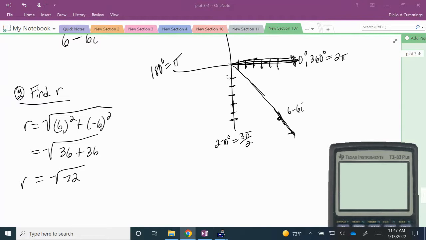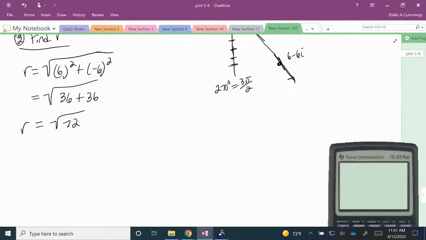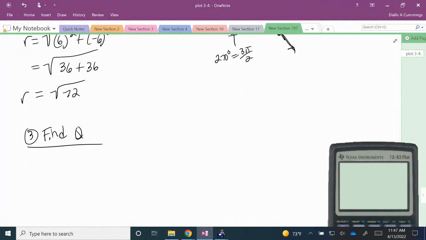Next, we're going to find the angle measure. There was a formula to find the angle measure: theta is equal to the arctangent of y over x.